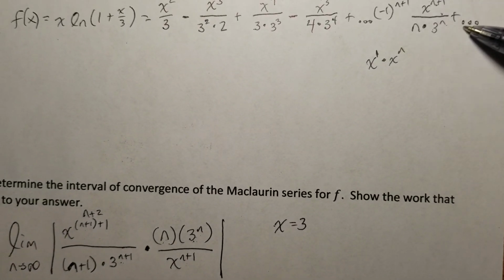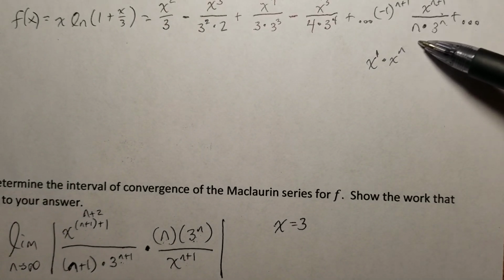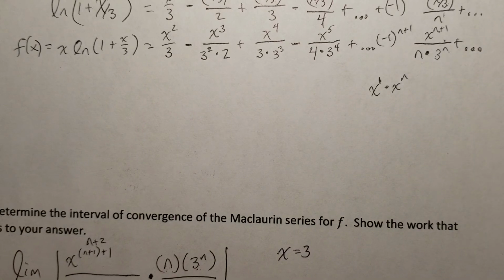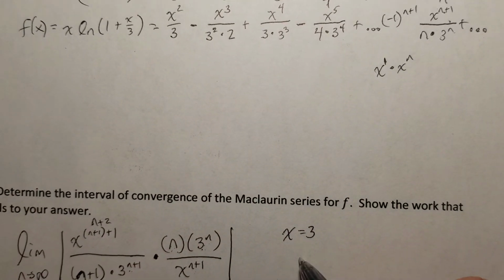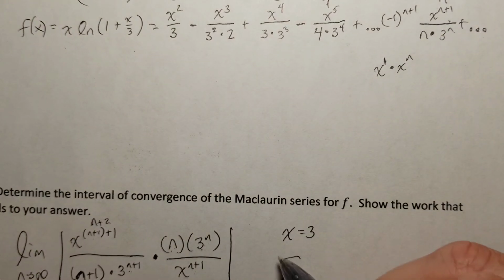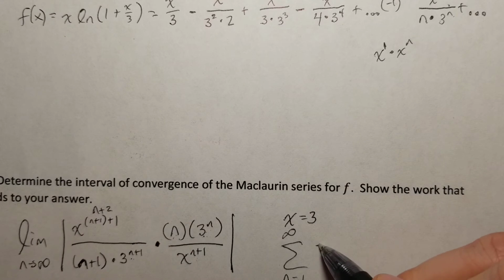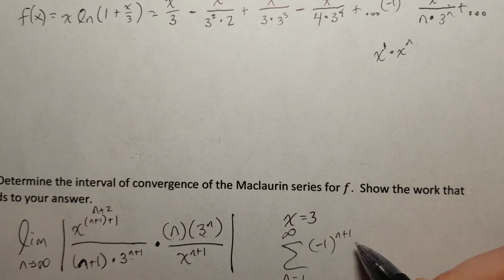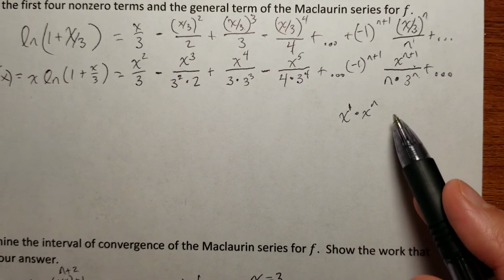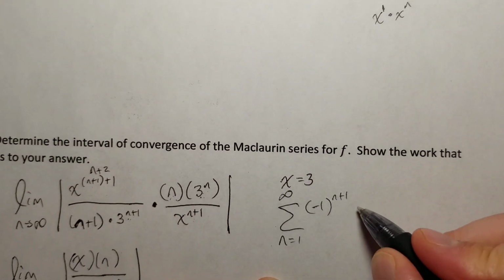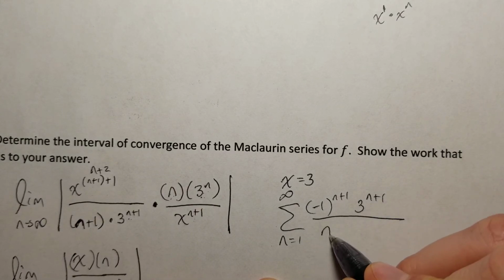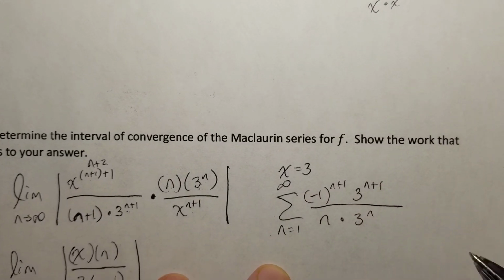We're going to use our general term up here to help us out. So our summation starts when n equals 1 over here. So let's go n equals 1 to infinity of -1 to the n plus 1 times, now instead of x to the n plus 1, this is where 3 comes in, right? 3 to the n plus 1 all over n times 3 to the n.